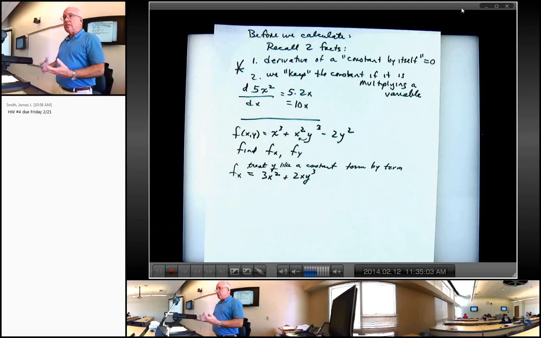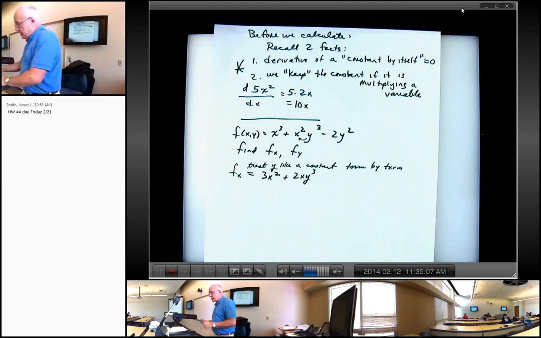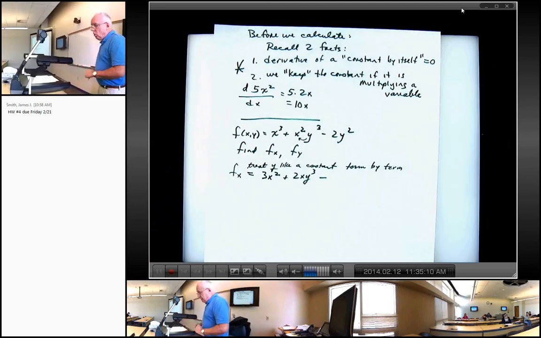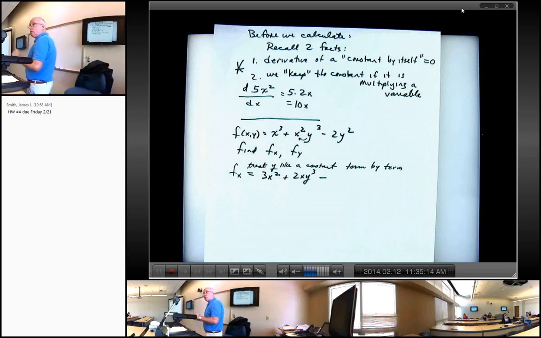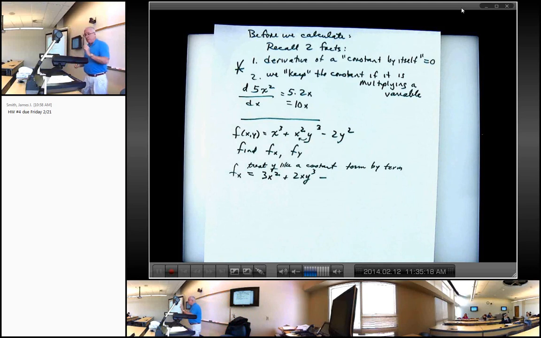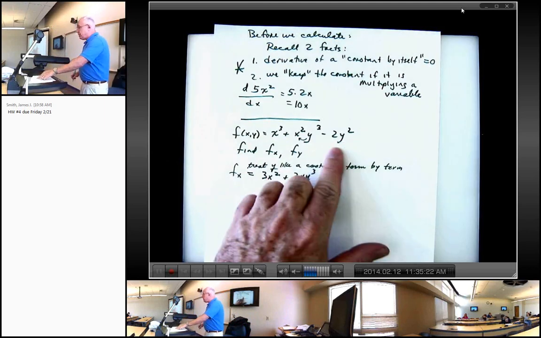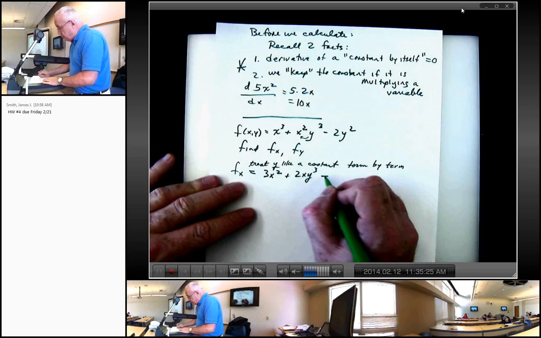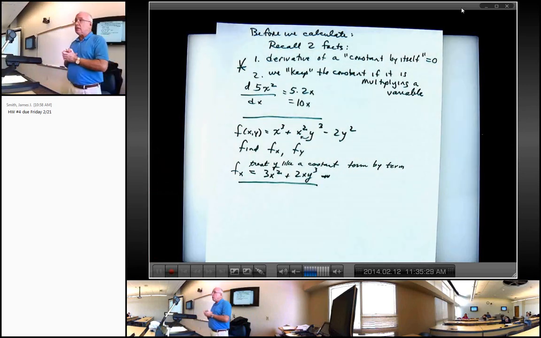And then finally here, what am I going to get for minus 2y squared? Yeah, 0, right, because that's treated as if it were a constant number. We don't have any variables here, so that's just going to be 0. So this right here is our fx, the derivative with respect to x.